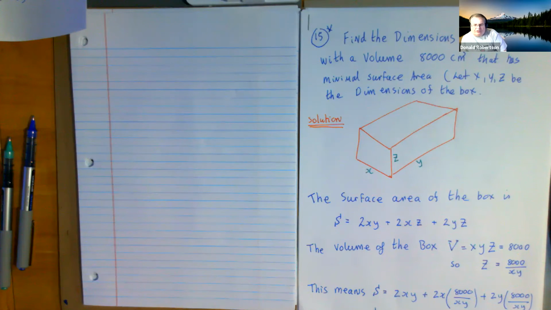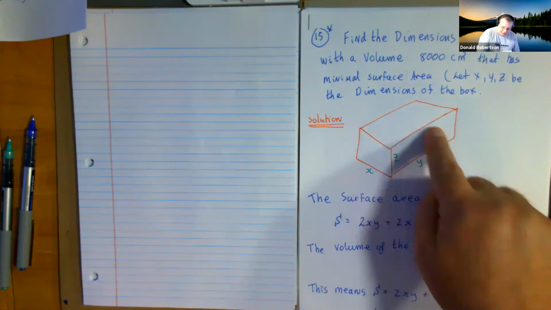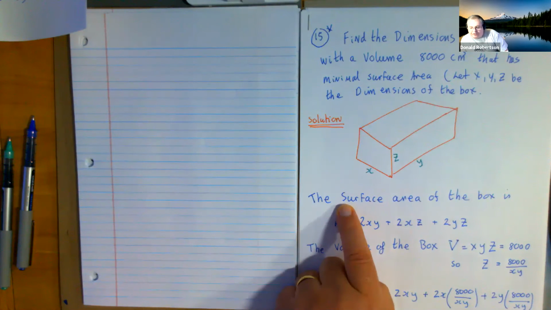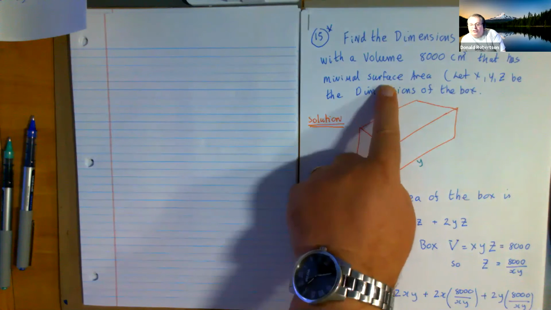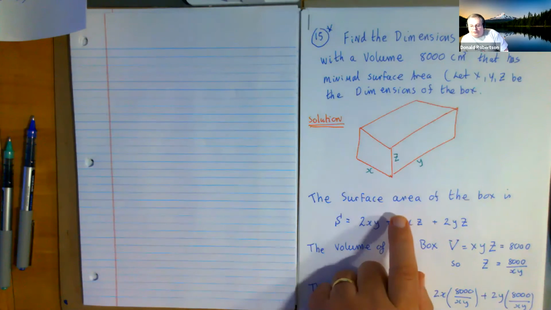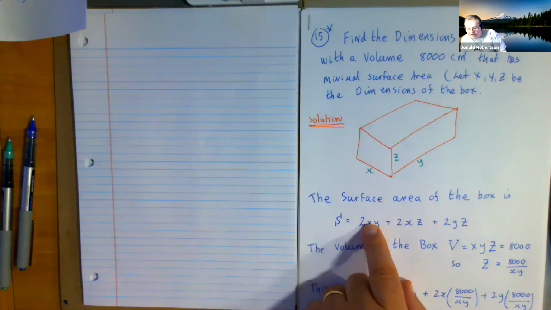It's very similar. Can you remember the calc 1 questions where you had a box and you tried to find the minimum surface area? Remember those guys? This is like the grown-up version of that. So a little picture to help me. The optimization function is just the function that we're trying to minimize. Since I'm trying to find the smallest surface area, the optimization function I'm calling S is the guy that you need.